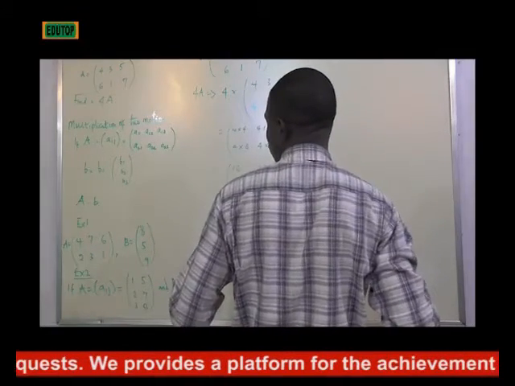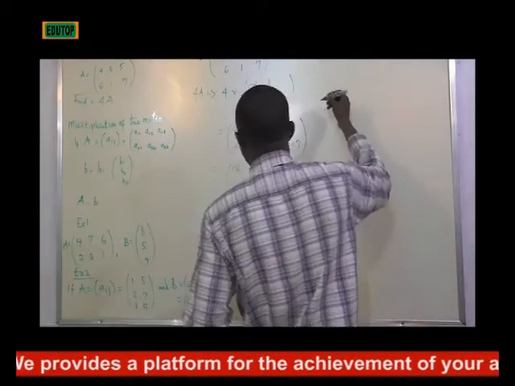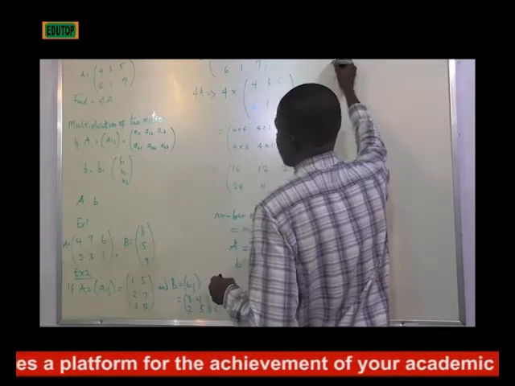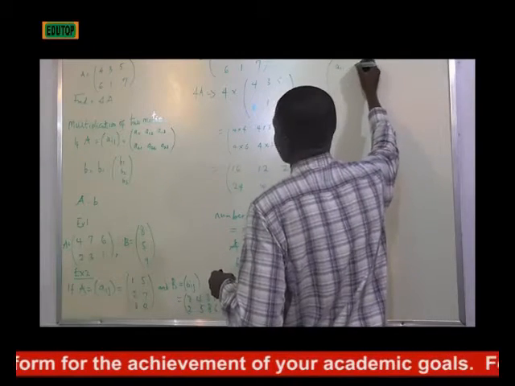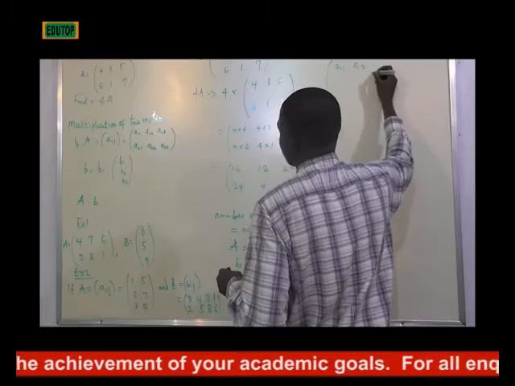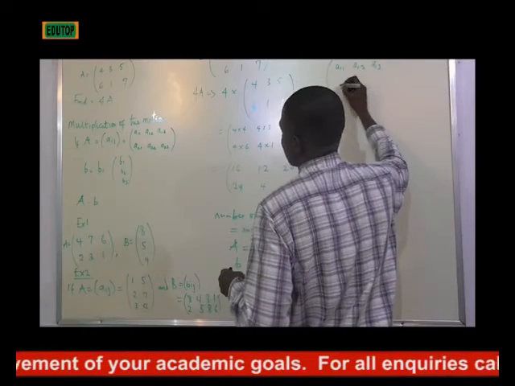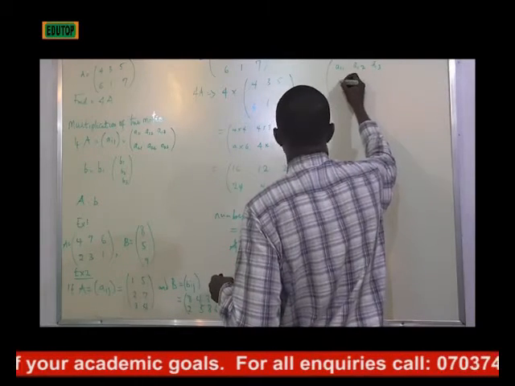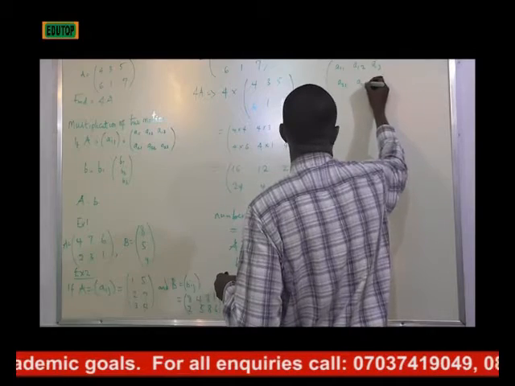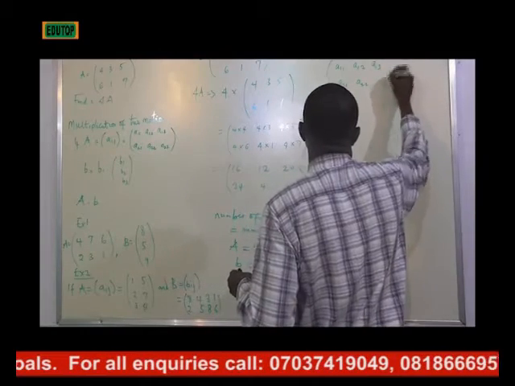So by so doing, we can now write A11, A12, A13, A21, A22, A23.